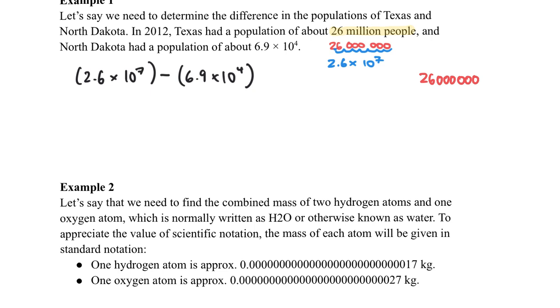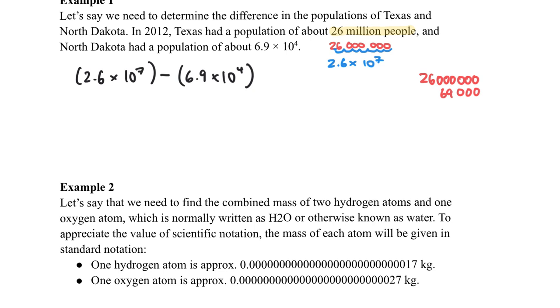And 6.9 times 10 to the fourth is going to be 69,000. So you can see that when you subtract these, you have to take place value into account. We're not doing 26 minus 69.